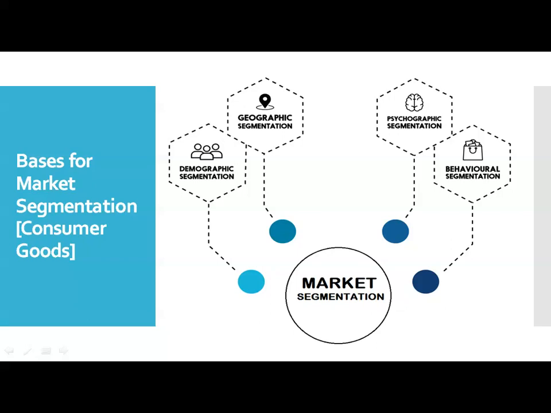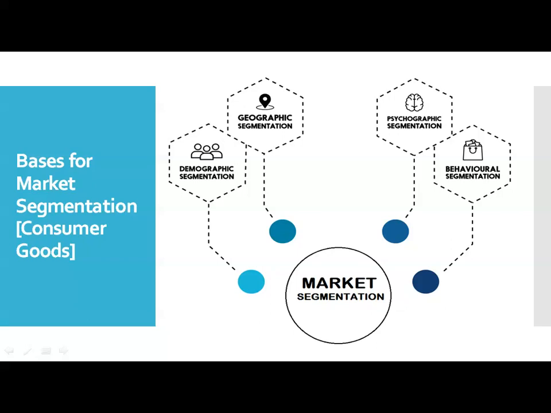A major step in the segmentation process is the selection of a suitable base. In this step, marketers or organizations are looking for a means of achieving internal homogeneity. Homogeneity means similar within the segment, and external heterogeneity.